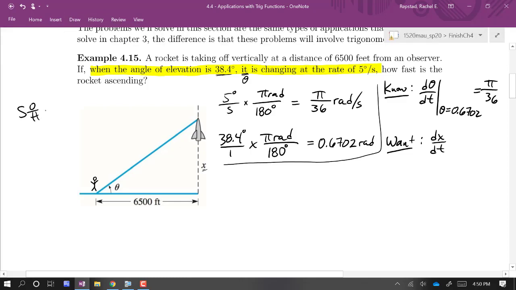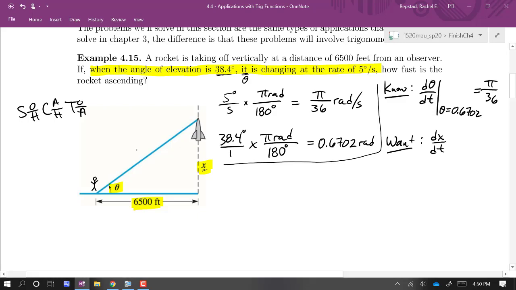So thinking about what my options are, and knowing that I want it to involve theta, this side x, and this fixed side. They talk about the fact that this person is 6,500 feet from the observer, but that means that that side of the triangle is not changing, and if I can use a fixed quantity in my equation, that's nice. It makes things easier.